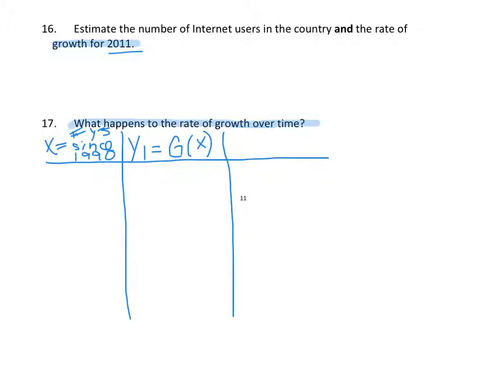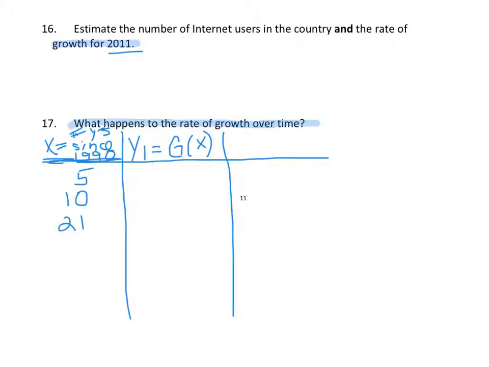So in 1995, and I don't think I'm even going to put that in the table. I think we're just going to keep that to what you can put in your calculator. In 1995, the value of x was 5. And then in the year 2000, it was 10. And then in 2011, it was 21.